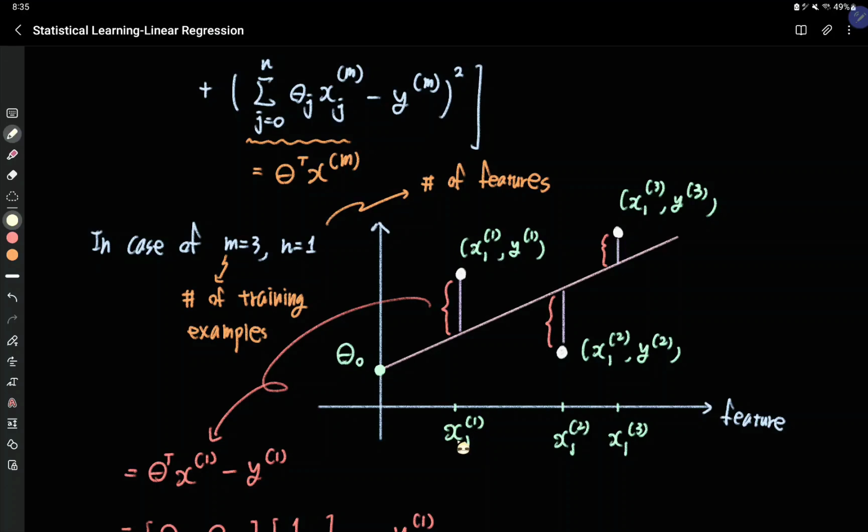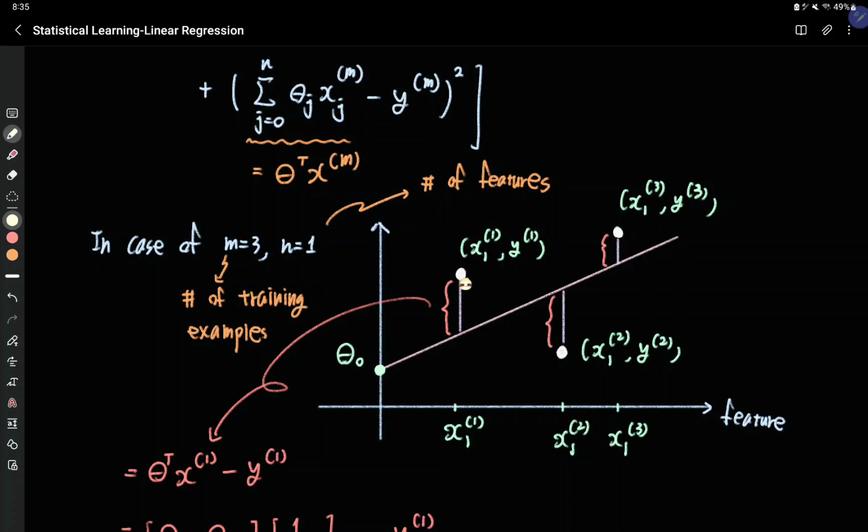Each value represents the input value of the one feature for each training example, right? First, second, third. So for each input value, let's say this line is the graph of the hypothesis.